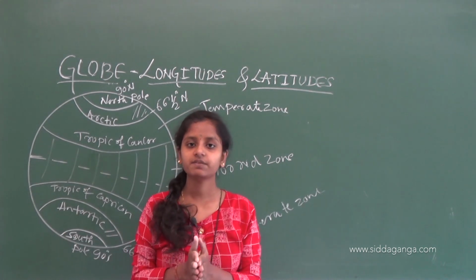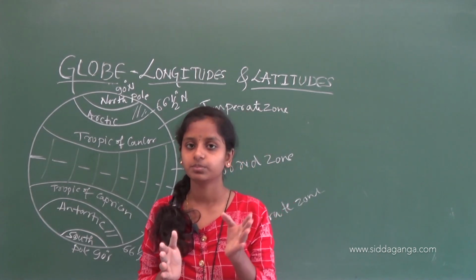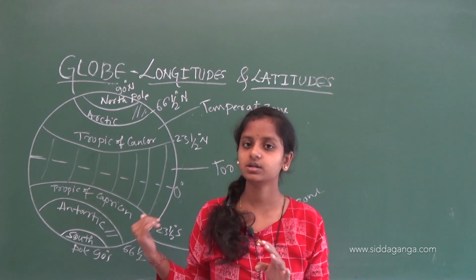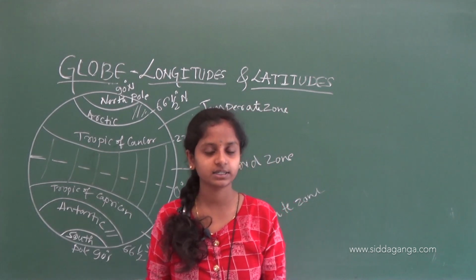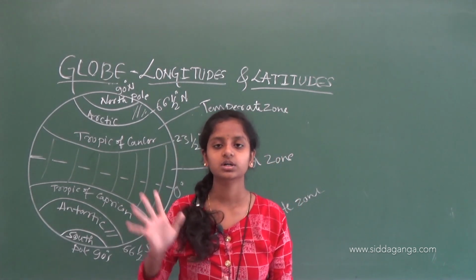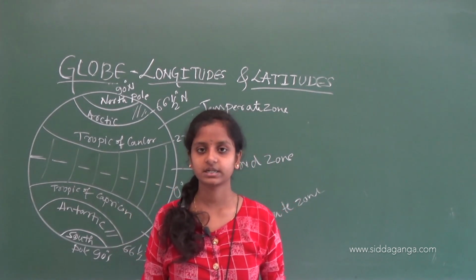Of these, 7 major latitudes are there. They are both the poles, the equator, the Tropic of Cancer, the Tropic of Capricorn, the Antarctic Circle and the Arctic Circle. So this is about today's class.